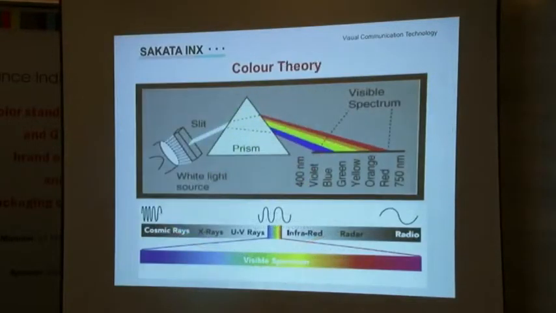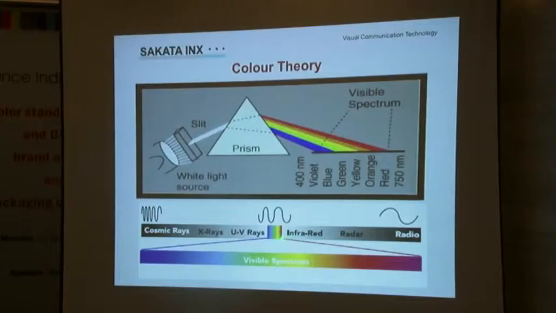Now, we have seen this. This is basically divided into RGB just for our understanding purpose. There can be billions of colors in between, each represented by a specific wavelength of light between 400 to 700 nanometers. But for the sake of understanding, we have divided this 400 to 700 nanometer wavelength into RGB.